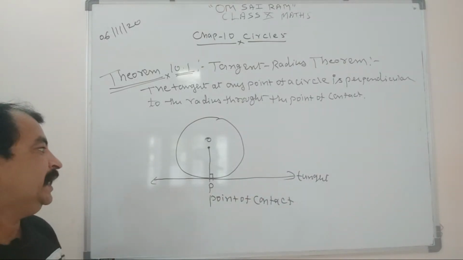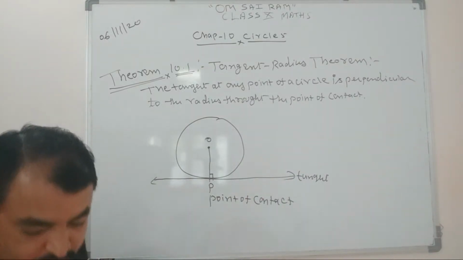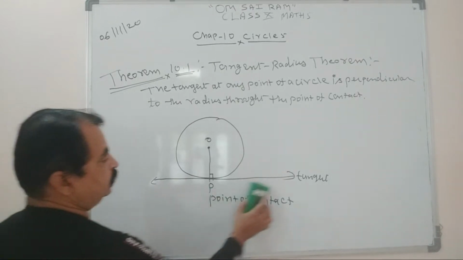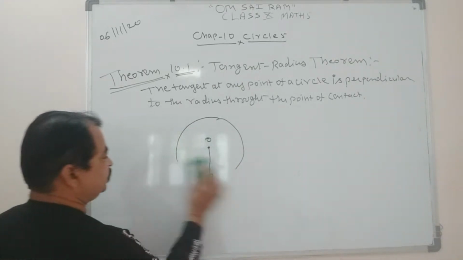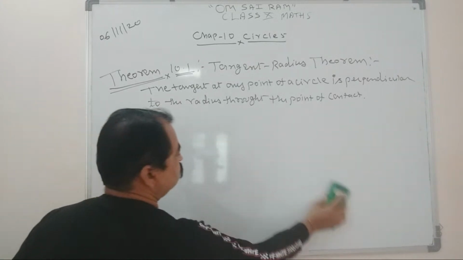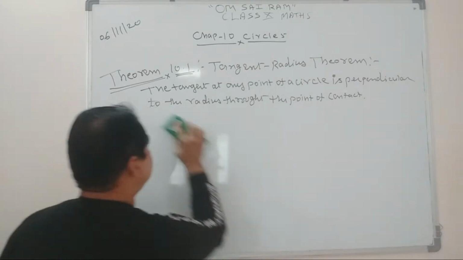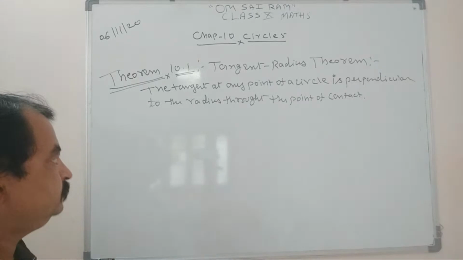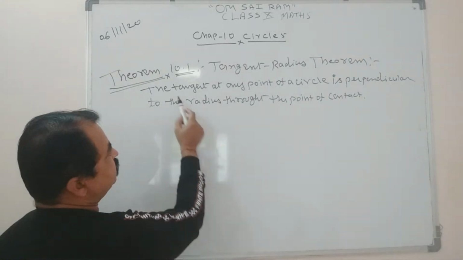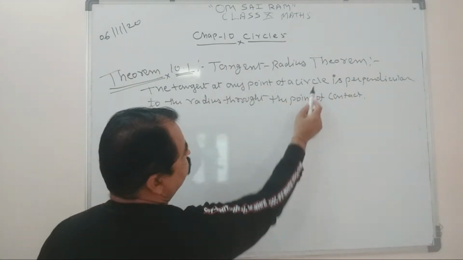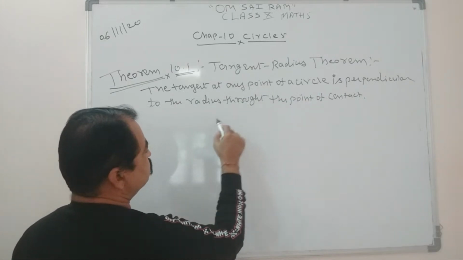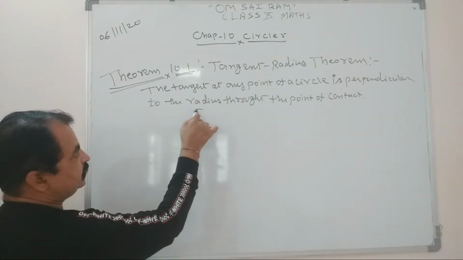So see children, according to the statement, I will make a short figure because I need the space to prove this theorem. The tangent at any point of a circle. Suppose I draw a circle here.